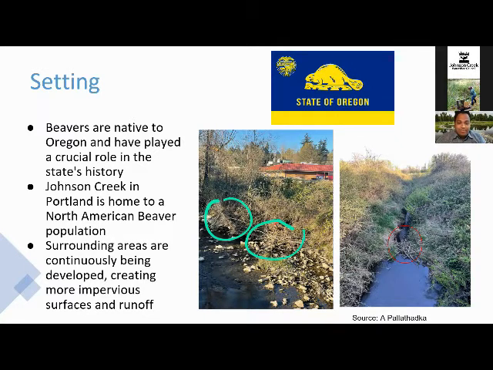Surrounding areas are continuously being developed, so there's a lot of impervious development, creating more surfaces that prevent runoff. I did go out in many places in Johnson Creek, and I was able to collect some remnants. There was nothing that could directly be observed, but there are many places where you can see that beavers have been present.